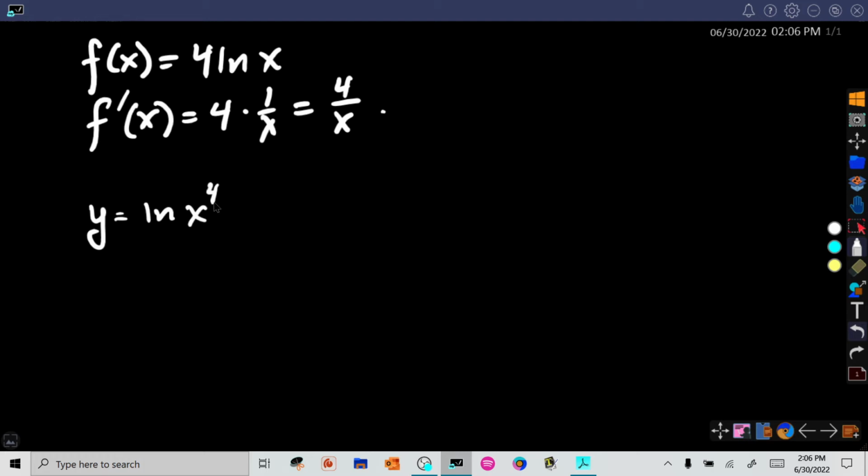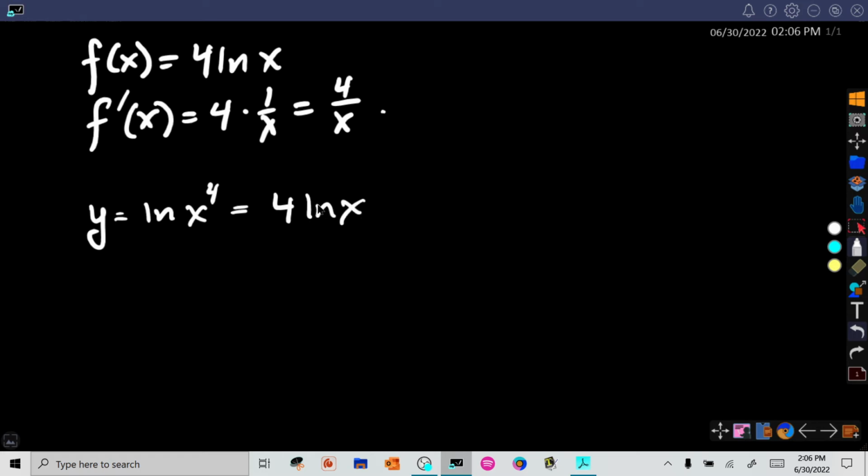Now there's two things that I specifically can do. The first is I could just treat this as the same thing as 4 natural log of x, which is basically the same thing as the very first question we looked at. And the reason why is because, again, reminder, that exponent tied to the function can come down in front as a multiplier, and so as a result, it just changes the complexion of the function, even though it's identically the same.